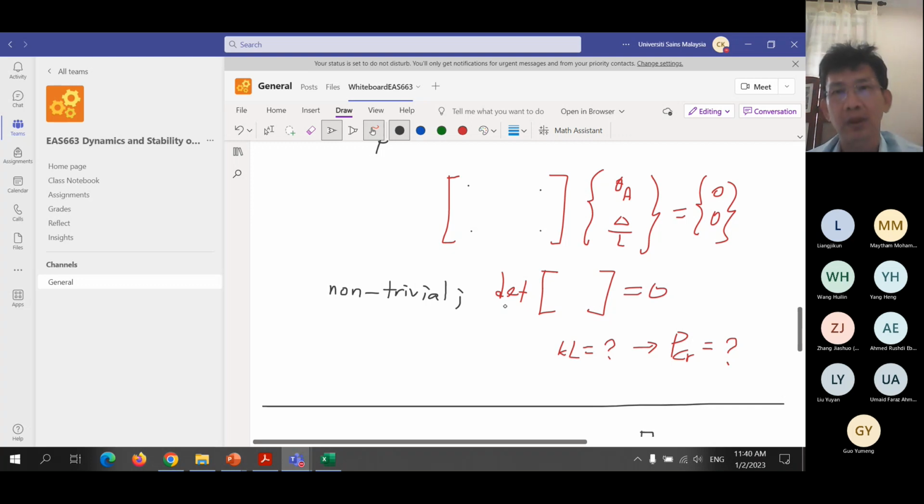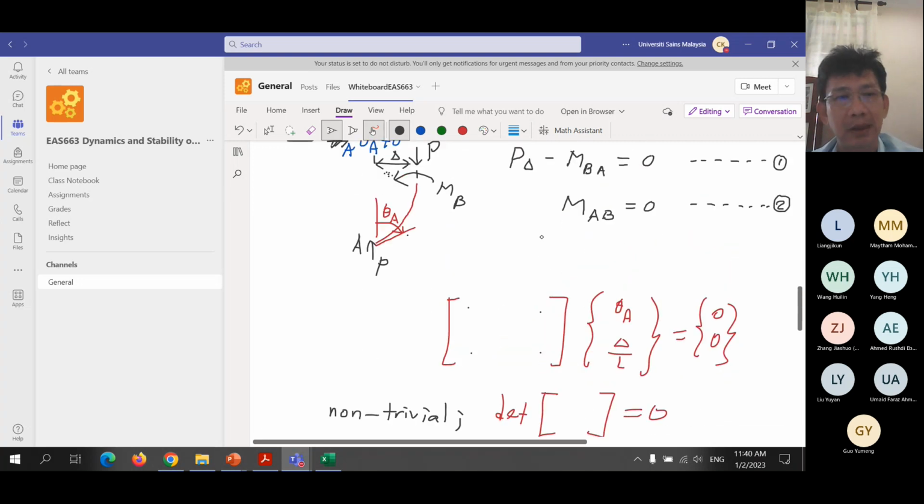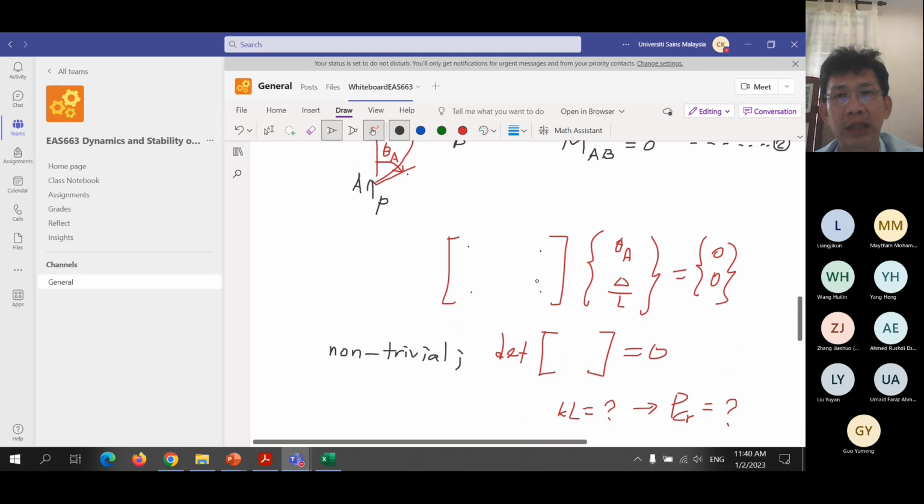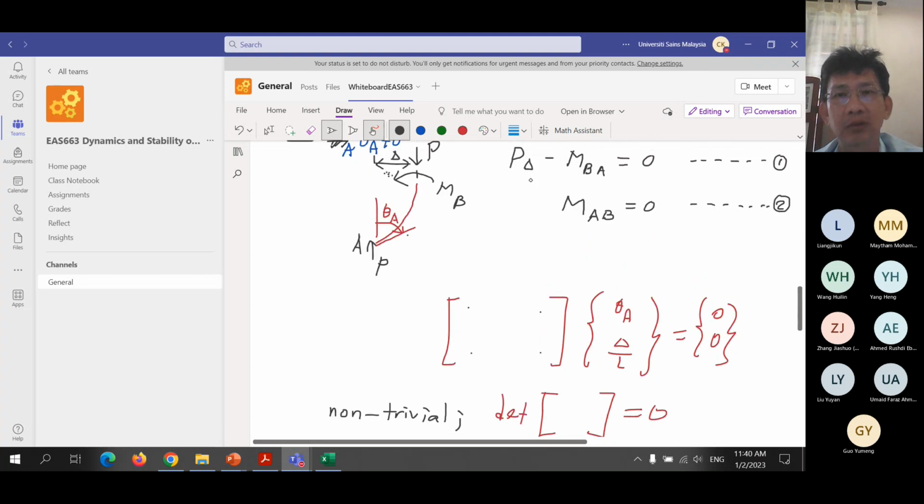Now, I would like you to go through this process to try to get to this equation. I will give you the content of these equations here, and you try to go through this process to make sure that you are able to get to the content of this matrix here.